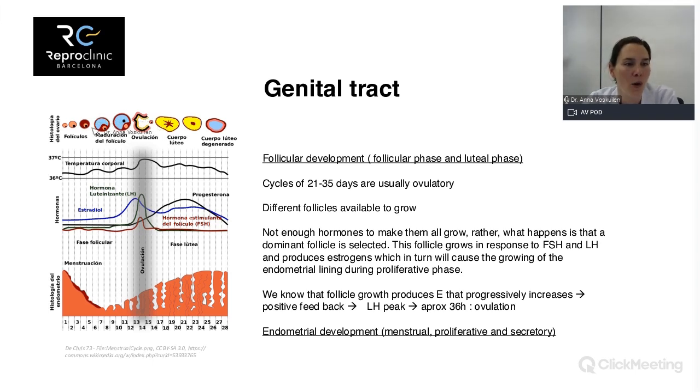And while this follicle is growing, it produces estrogens. And these estrogens, as you can see, will increase progressively. And the impact of the estrogens on the endometrial development will be that after menstruation starts the proliferative phase of the endometrium that is in response of these estrogens that produces this follicle, the endometrium lining will grow, okay?